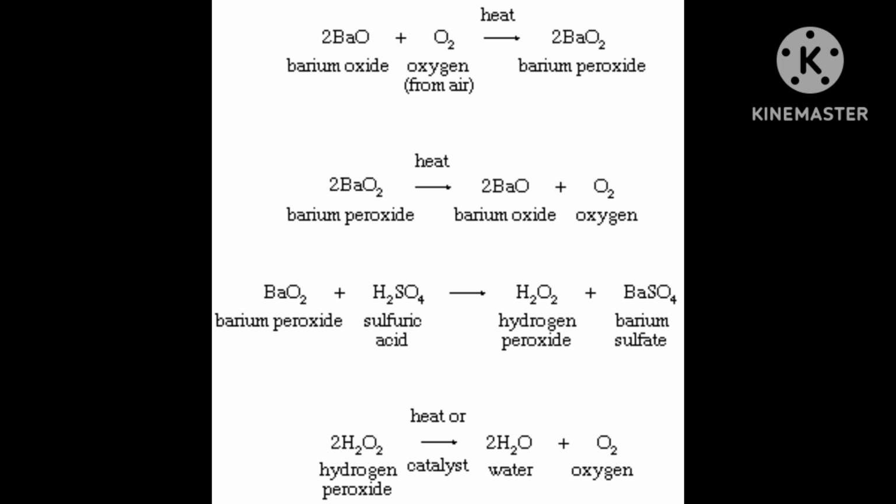Okay, then aluminum oxide plus HCl. Aluminum oxide, Al2O3 solid, plus 6HCl plus 9H2O.